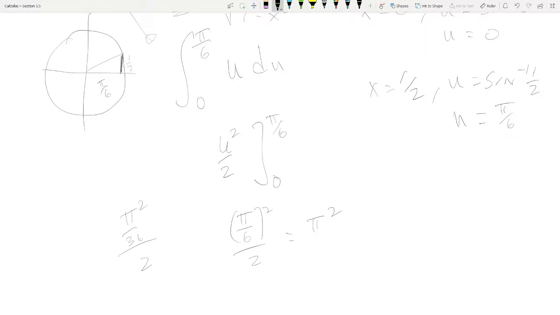The way to get out of this jam when you have fractions within fractions is to multiply top and bottom by one of the denominators. So there it cancels, and on the bottom I end up with pi squared over 72. And we have minus 0. I didn't put the minus 0, but that's 0.